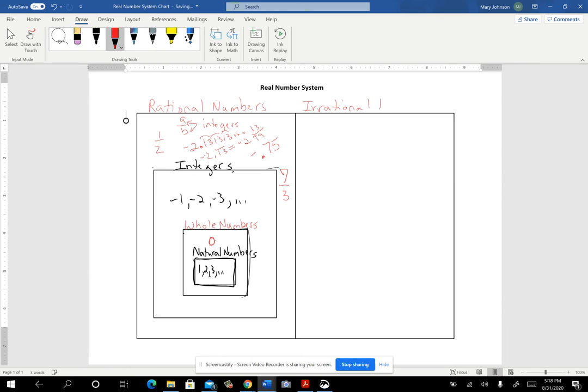And you've dealt with some of these. These are numbers that are decimals that are non-terminating, non-repeating. So they don't stop and they don't repeat.